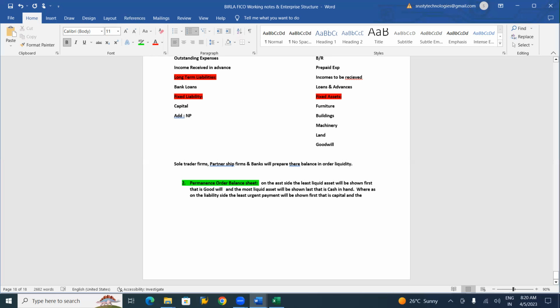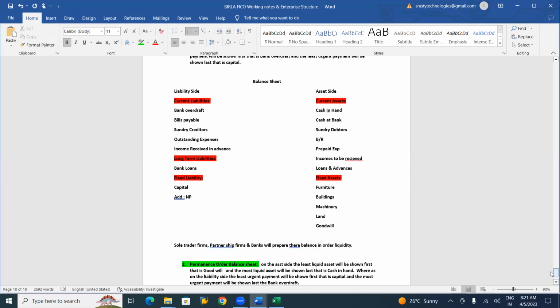And the most urgent payment will be shown last. That is bank overdraft. Clear? The order is completely different, the opposite.